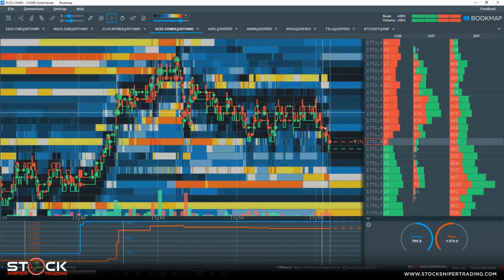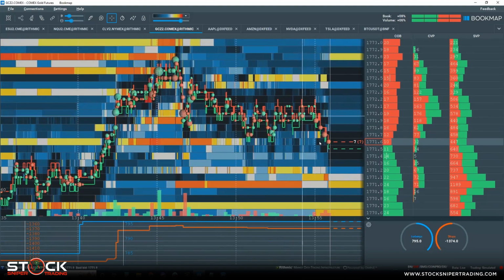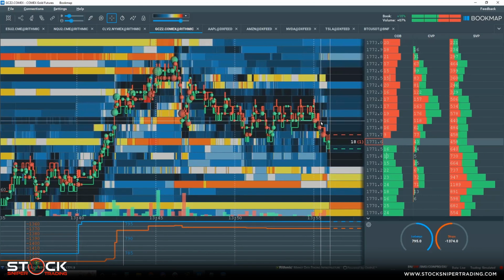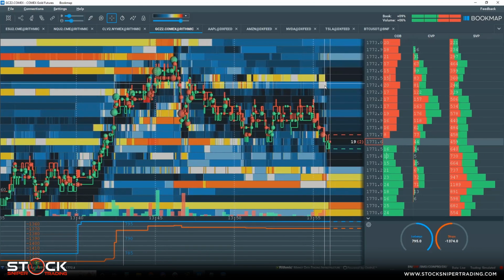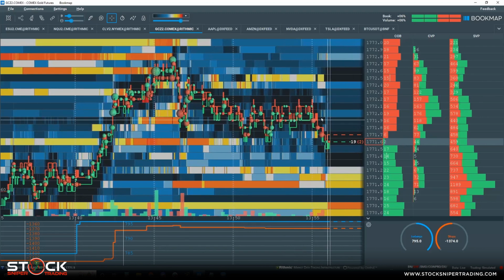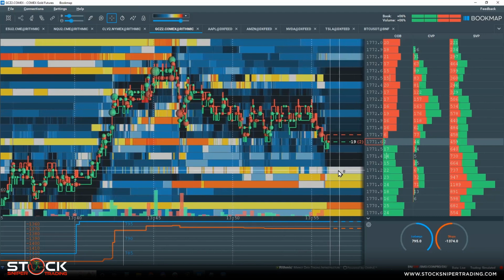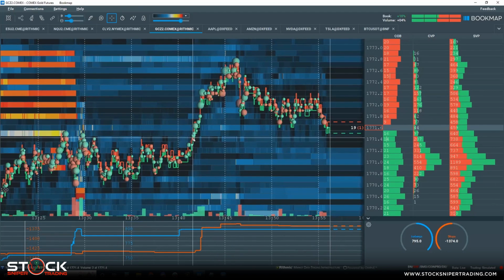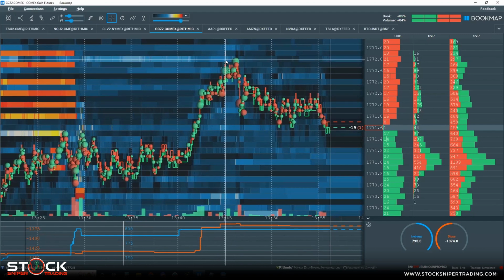So we're talking about trap volume, starting to understand where they might be trapped, and then anticipating a stop run up into this area or higher. So this would be fuel to the fire, but what we do know is the buyers came in here and moved the market.